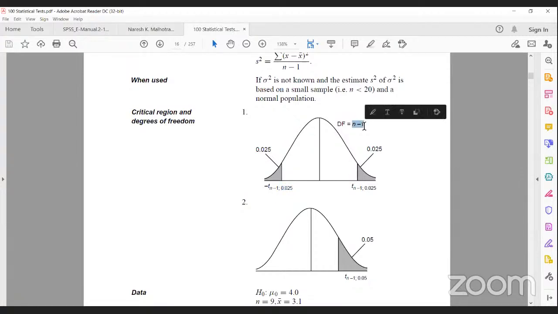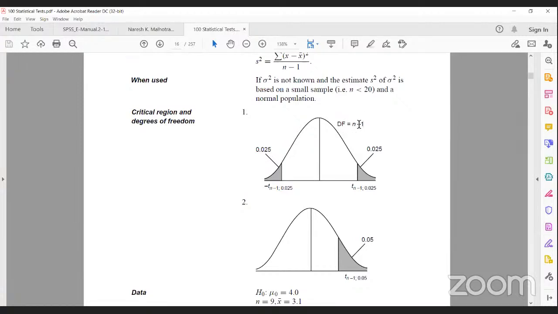And why did this n minus 1 come? n minus 1 relates to the observations you know. If you have 10 observations, why do we take only 9, that is n minus 1? Because if you know 9 observations, the 10th observation will automatically be known to you.